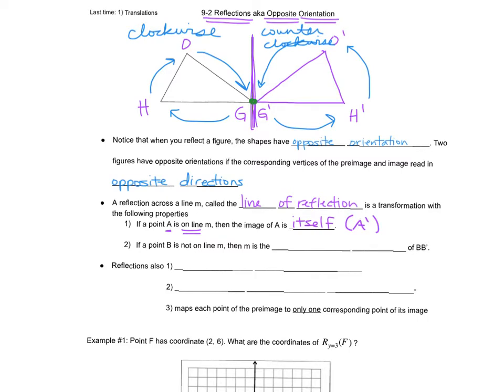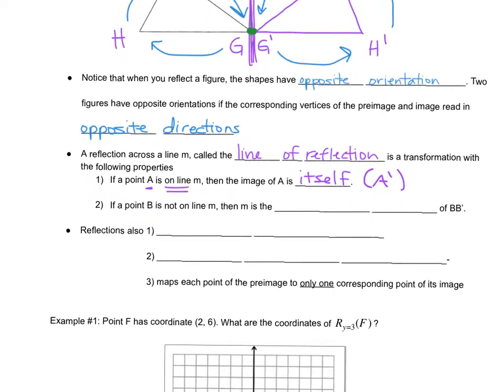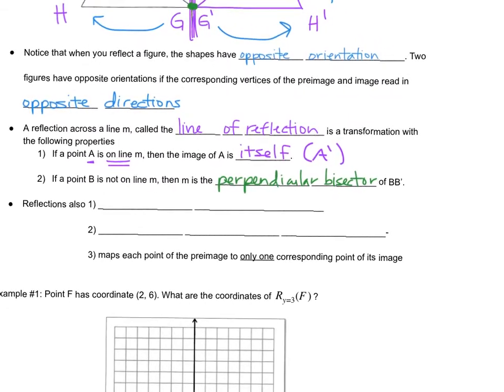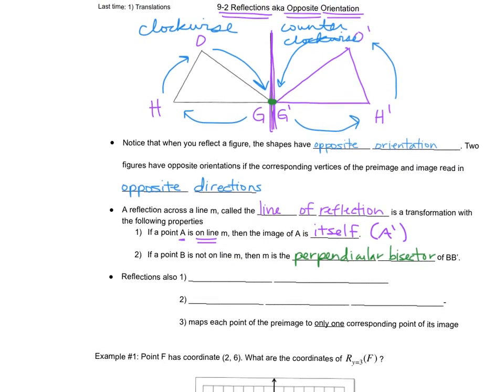If point B is not on the line, then M, the line of reflection, is the perpendicular bisector of the segment. Here's what we mean by that. Let's just look up here.